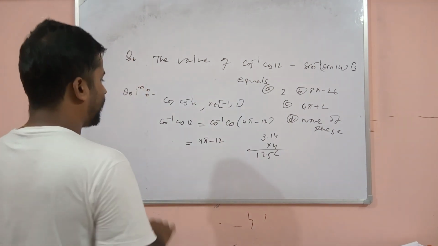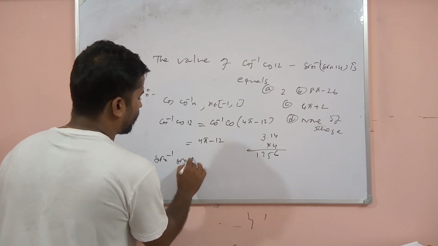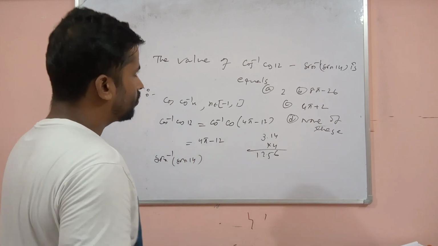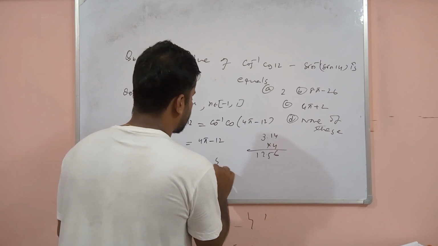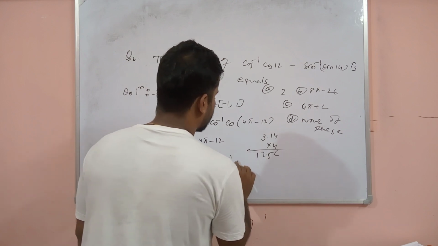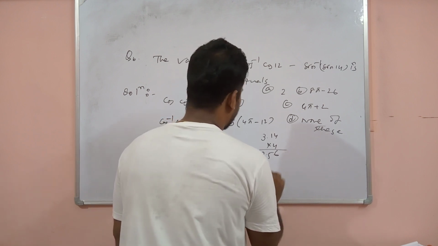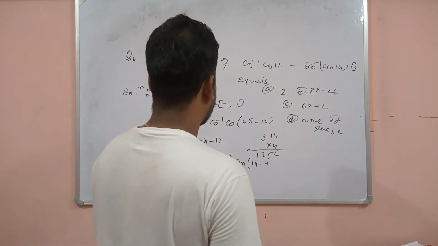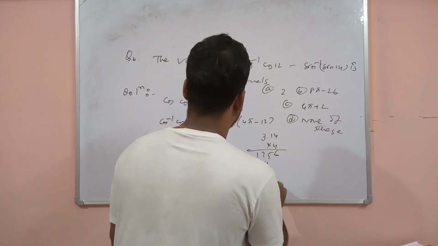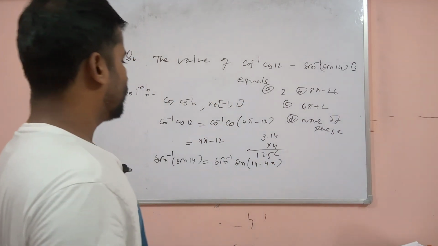In case of sine inverse sine 14, let's see how to do. It is sine inverse sine of 14 minus 4 pi.